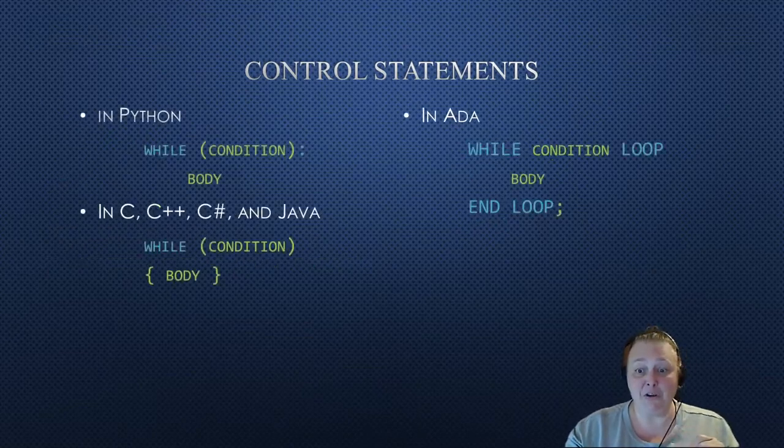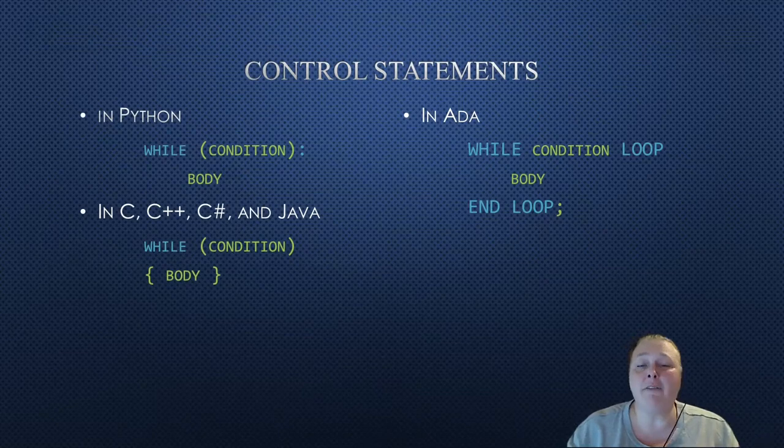Now let's look at another control statement that we've looked at in Python before, the while. In Python, we've seen while condition colon, and then the body or the steps that we want it to take if that while is true. The same can be executed in C. Notice the biggest difference with C is that it has these curly brackets around the word body.